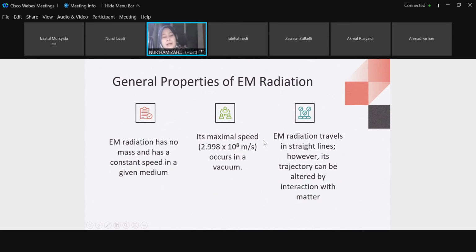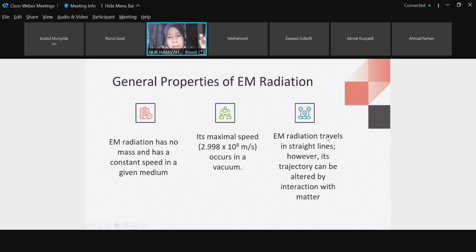These are the general properties of electromagnetic radiations. EM radiation has no mass, because you cannot see it, so it has no gravity. They travel at constant speed in a given medium, and their maximal speed is the speed of light, which occurs in a vacuum.